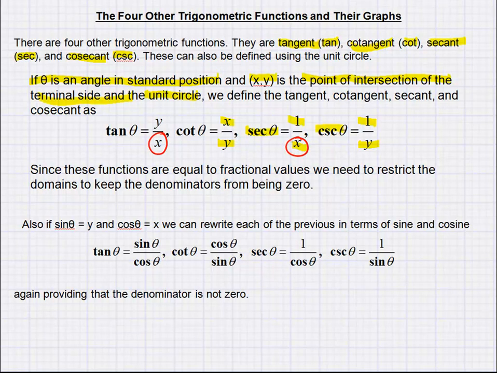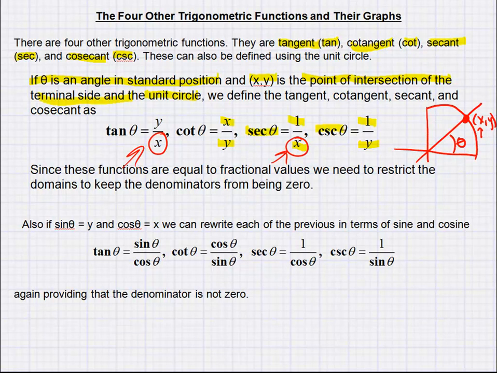If x is ever 0, if we have a graph like this, and we have this unit circle, and we have our angle, theta, that angle hits a point, (x, y). If that x coordinate for this point is ever 0, then these 2 functions would have 0 in the denominator, and if they have 0 in the denominator, these would be undefined.